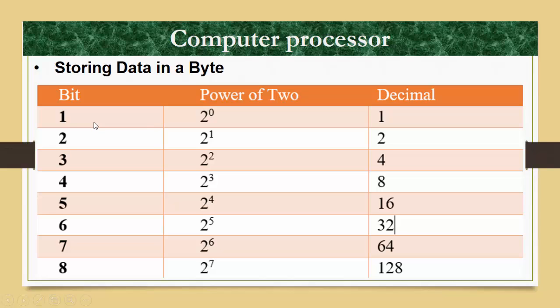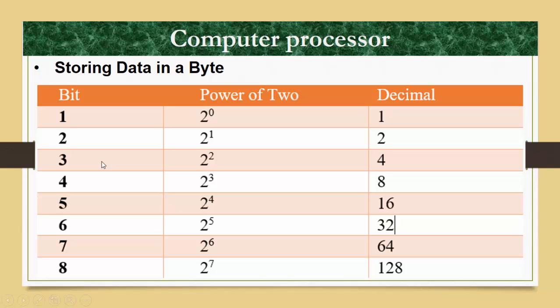In the real, all of them are 1. But if a bit is 1, it has a value, but if it is 0, it will not have a value. The second bit, students, has a value 2 power 1, and that's equal to 2 in the decimal number system.